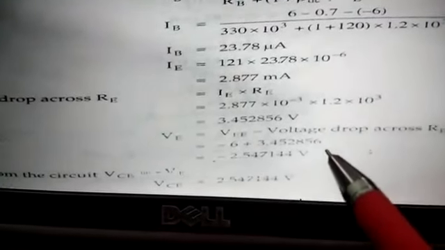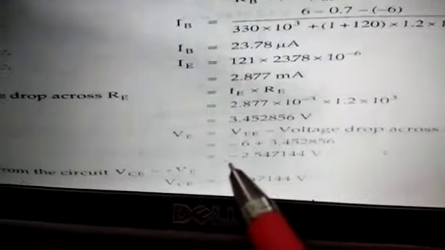VEE is 6 volt and this value we calculated already. So this comes to be minus 2.54714. Now from the circuit, VCE is equal to minus VE. So you can calculate this value of VCE. In this way we have calculated the biasing values.